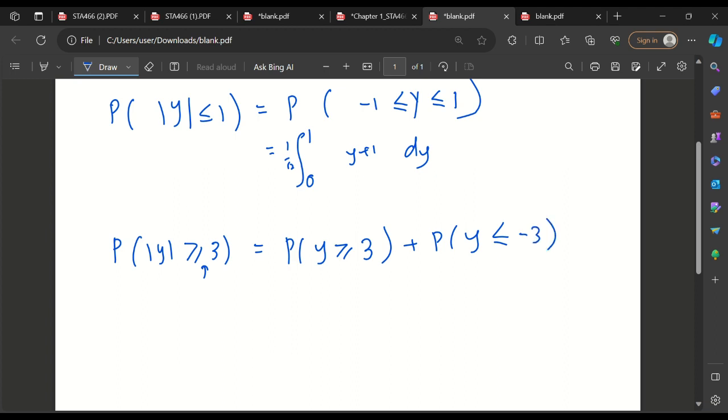Okay, less than negative. So it will become plus, which is or. If it is more than, it will become or. If this one, it will become and. So that is why it is in between. Y in between negative and positive. This one because of or. So it will be more than positive and less than negative.